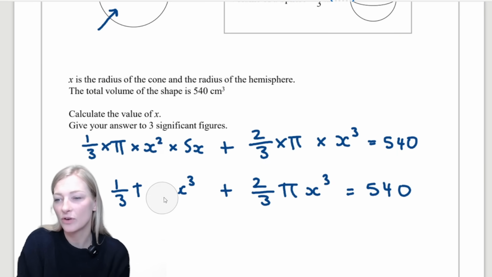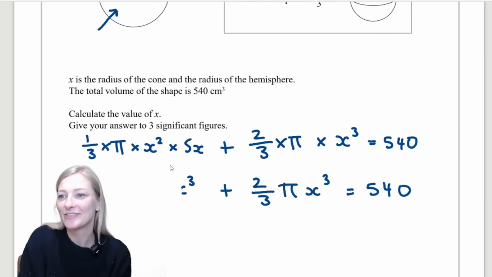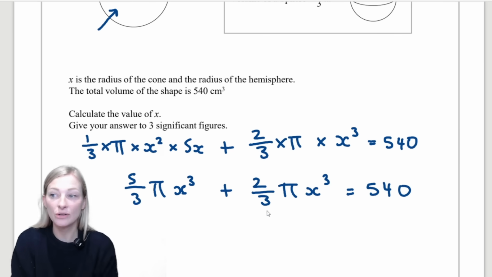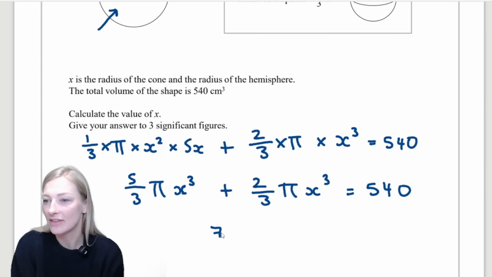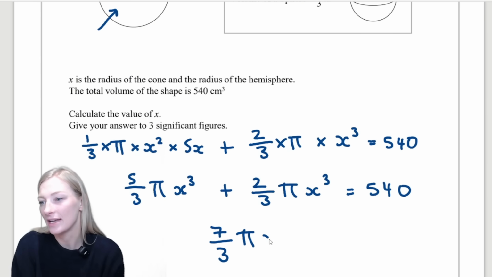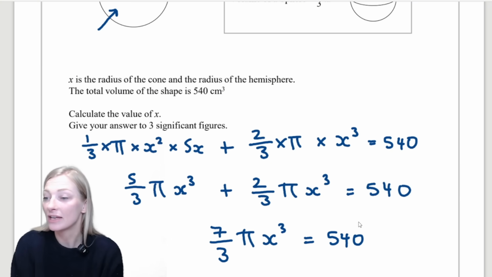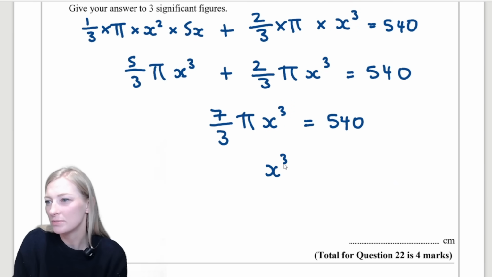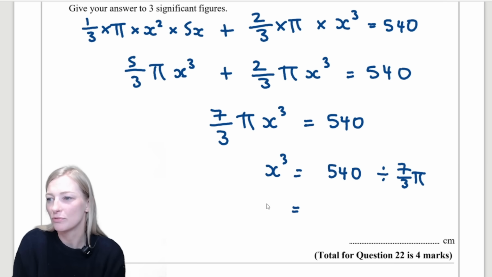A third times 5 is 5/3 pi x cubed, add 2/3 pi x cubed, so altogether 7/3 pi x cubed equals 540. I'm then going to divide both sides by 7/3 pi, so x cubed is 540 divided by 7/3 pi, and then let's cube root that answer.